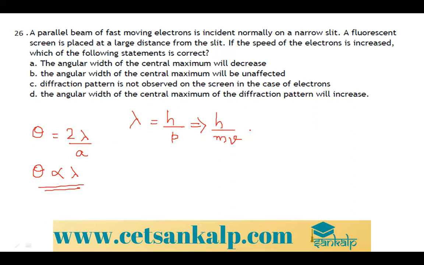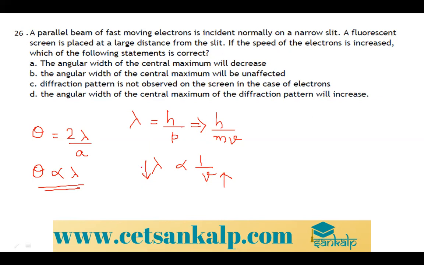So they've told us the speed is increased. Since lambda is inversely proportional to v, if v is increased, I can say lambda is decreased. If v increases, lambda decreases.